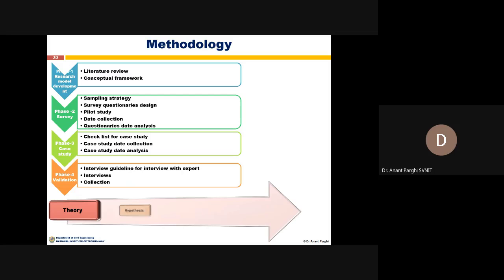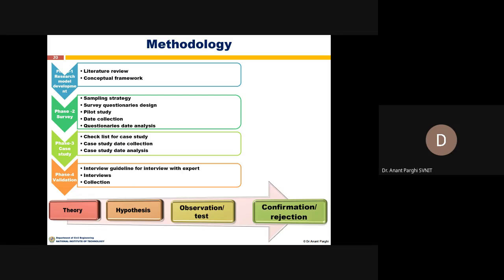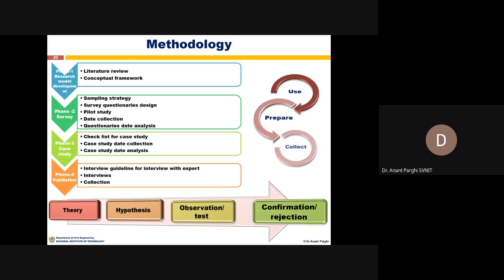That way: theory, hypothesis, observation and testing, and confirmation of whether we have to accept or reject the hypothesis. So that is what you need to prepare and collect the data. This is how you have to write the methodology.